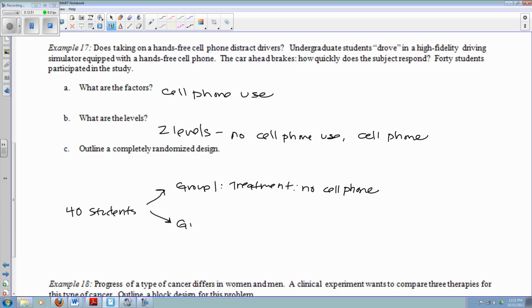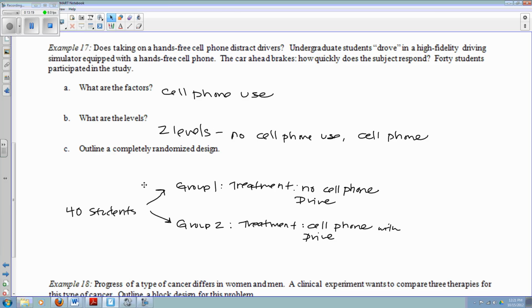And the other group, their treatment is they are on the cell phone. Okay, so treatment 1, they're just driving with no cell phone, and we're looking at their response times. Here, they're driving with the cell phone. Okay, so we're not just looking at the cell phone, we're looking at the reaction times.